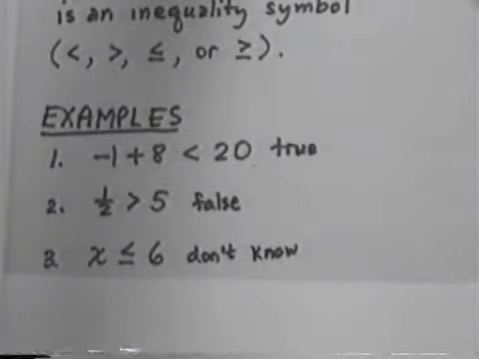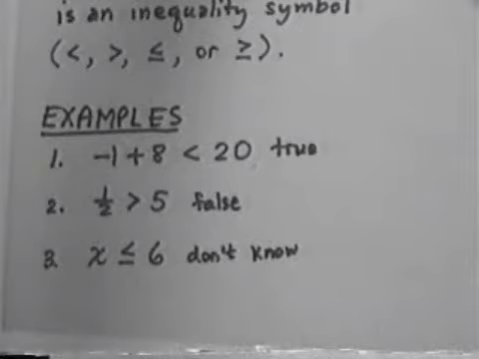So here's an example of one where we don't know whether it's true or false. This last type, where we don't know, is the type that we will actually be working with. So we need two more definitions.